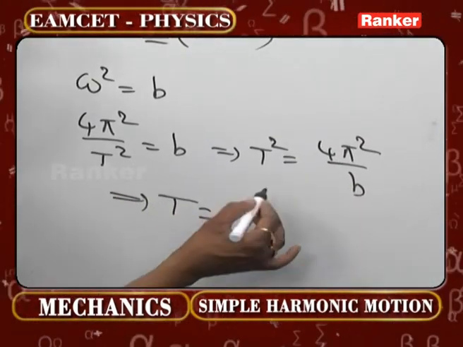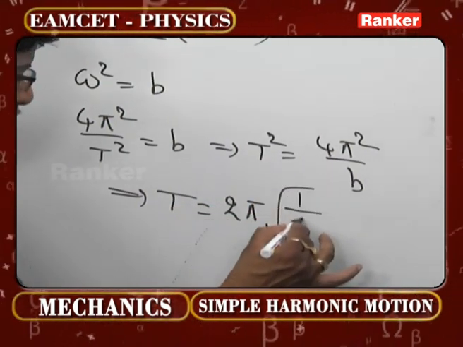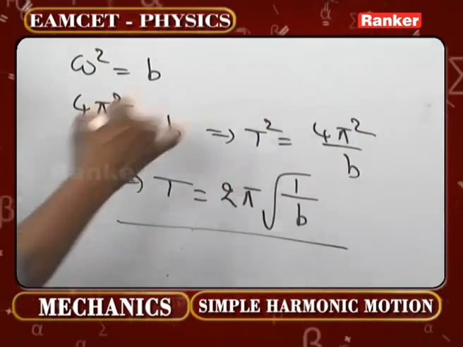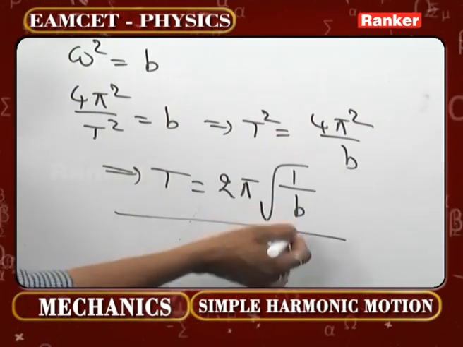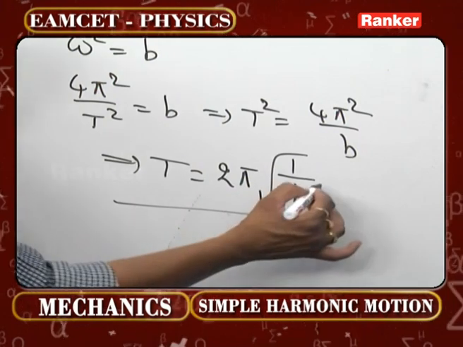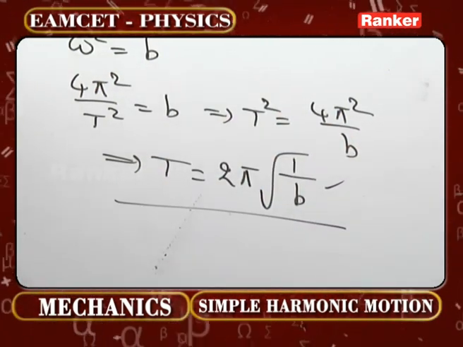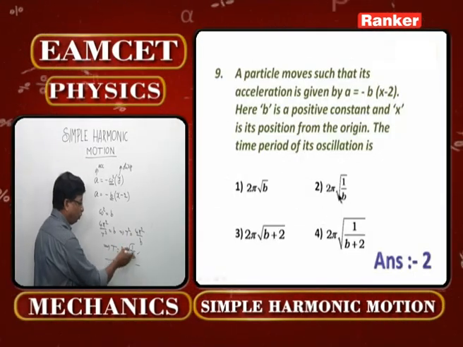It is now to be taken 2 pi under root 1 by b. That is actually the concept, root of 4 pi square by b. 4 pi square under root is 2 pi, 1 by root b. 2 pi root 1 by b. This is the corresponding period of time, which is coinciding with the second option over there, that is 2 pi under root 1 by b.